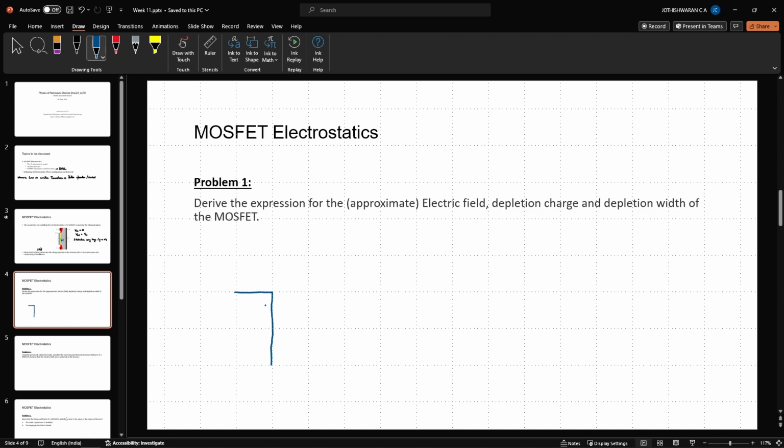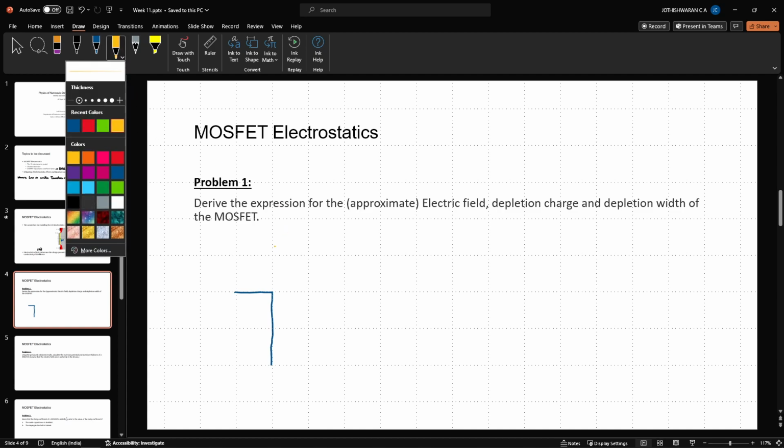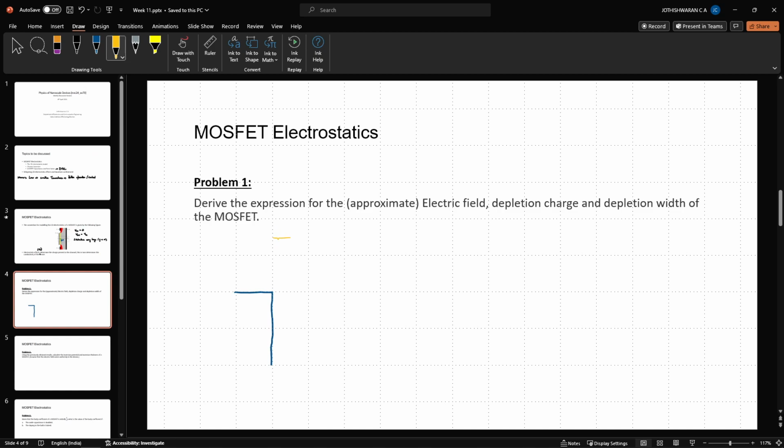So what we have is the following. I have, say, the oxide layer, and this kind of goes further down. This is the equilibrium arrangement of our device.